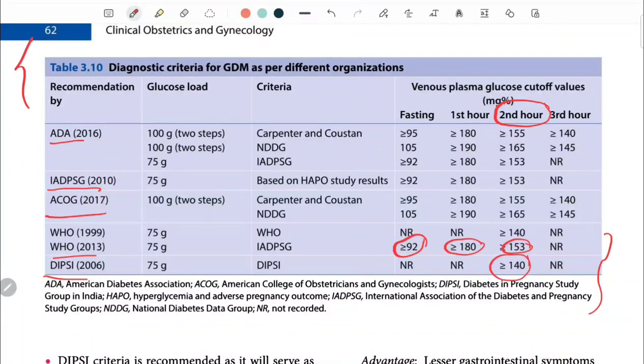ACOG 100 gram glucose load by Carpenter and Coustan: it's 95, 180, 155, and 140. NDDG: the cutoff values are 105, 190, 165, and 145.